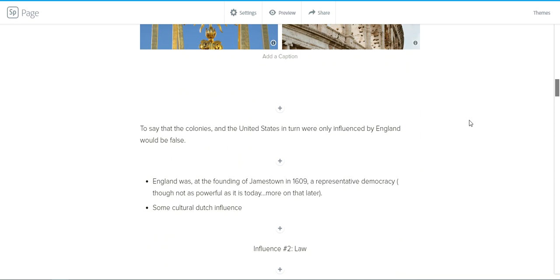There was a Dutch Republic, but it was very cumbersome, and each province, or think of it as a state in Holland at the time, was very autonomous, which made it very hard to make any decisions at the government level. We'll talk about that a little bit later. You don't necessarily need to know that, but England at the time was by and large the most effective representative democracy.